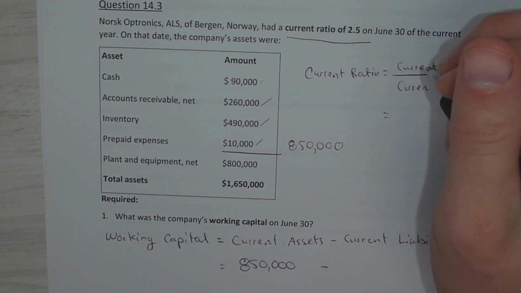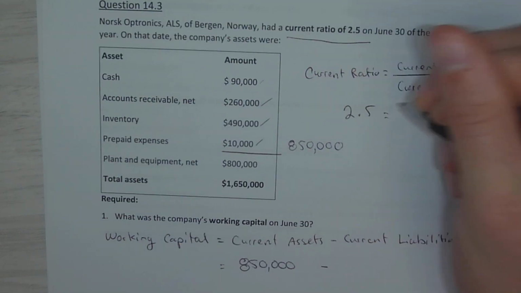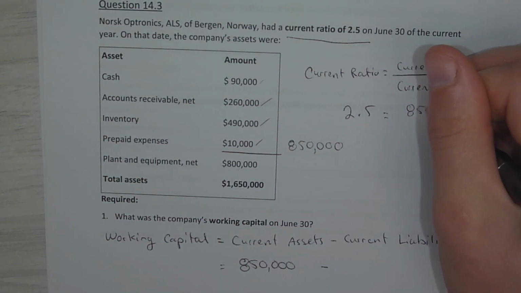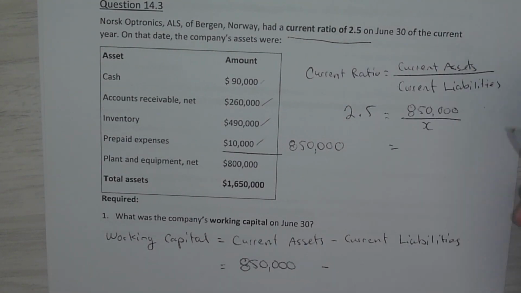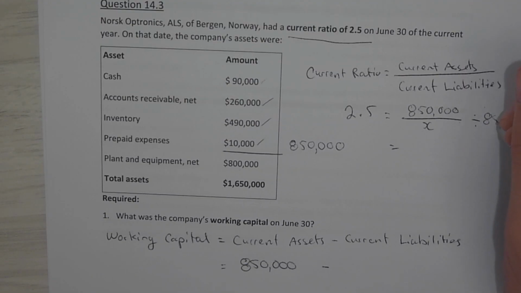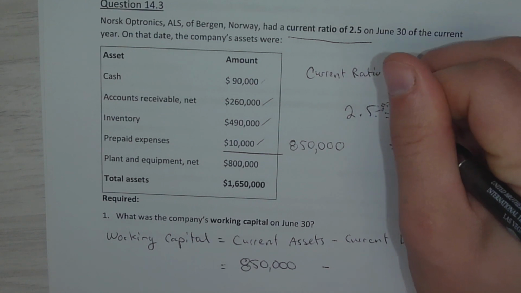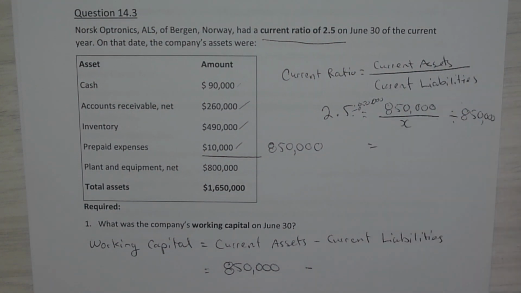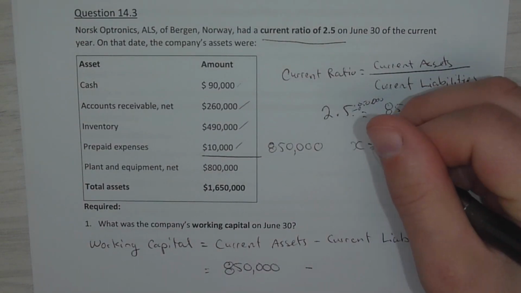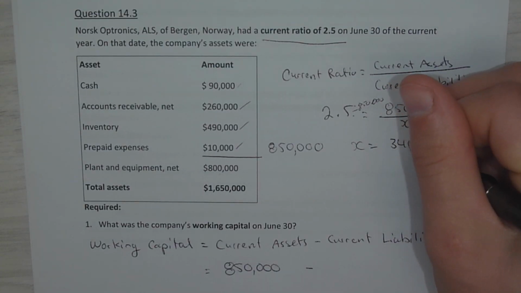So we have a current ratio of 2.5. We have current assets of 850,000, and we will solve for our current liabilities. We'll call it X. So we need to divide both sides by 2.5, and 850,000 divided by 2.5 equals 340,000.